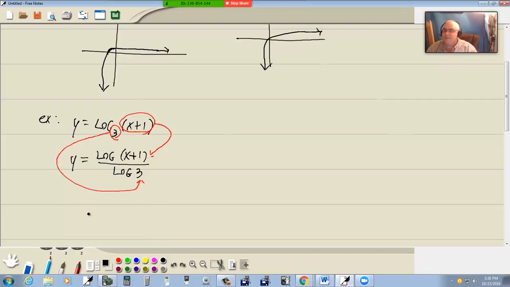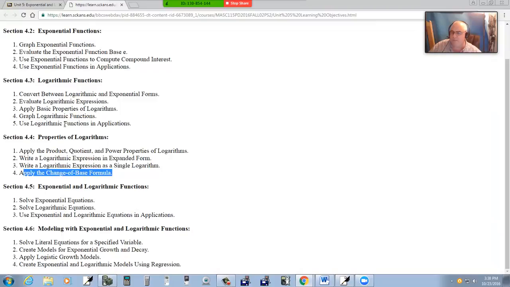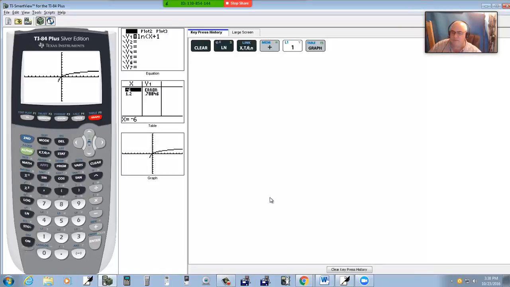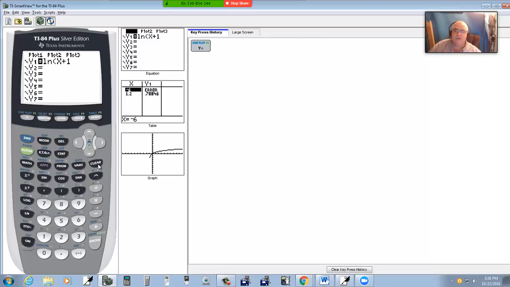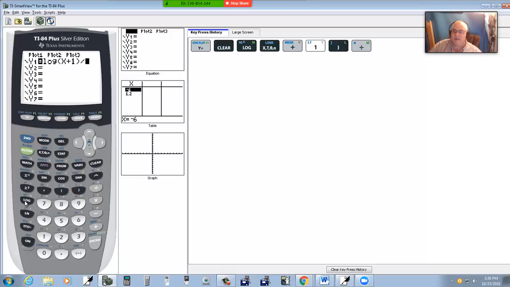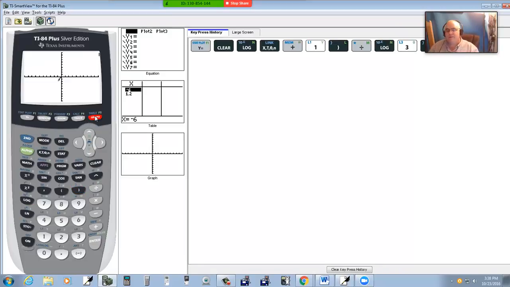What's the benefit of this? Well, we have a log button on our calculator. We don't have a log base 3 button, but we do have a log button. So I'll come over here, do my y equals clear, log x plus 1, closing parentheses, divided by log 3, and then closing parentheses, and then graph.